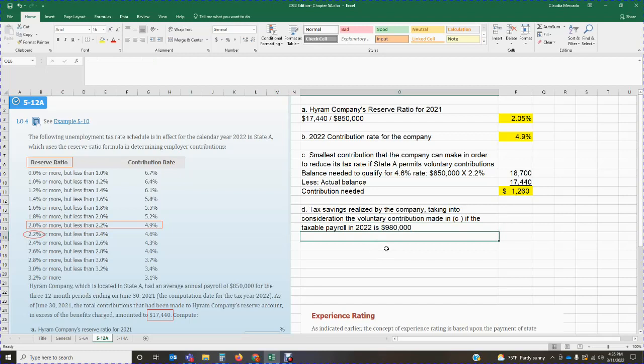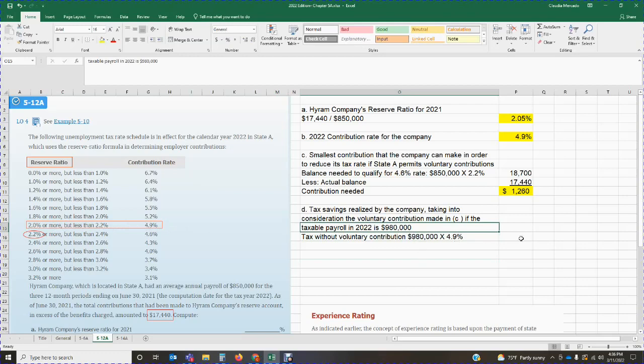The first thing we have is our tax without our voluntary contribution. Okay. If we don't put in that extra money into our reserve account, this is what we would pay. We would pay the $980,000 times the 4.9%. Okay. This is assuming that we're still in that current tier of 4.9%.